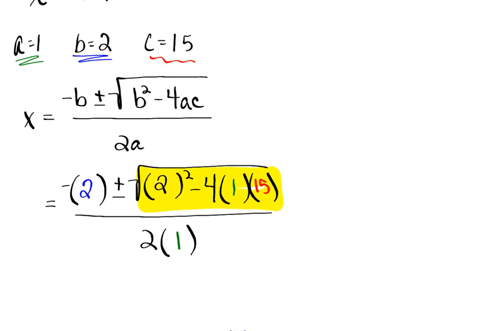That means you have to deal with the letter i. If you try to type everything into your calculator at once and you get the words domain error, that means you need to go back and calculate this piece separately. So when I calculated this piece, what I got underneath there was negative 56.